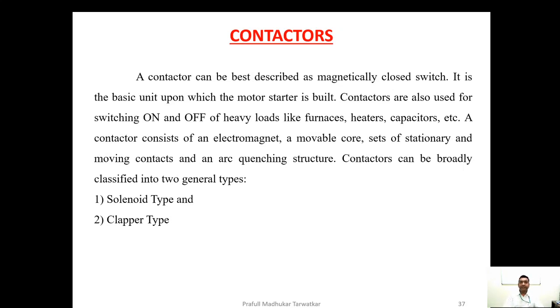In this particular video lecture, we will be focusing upon the second part of that topic, which is the contactor. Contactors are an essential part of starters also. Unless and until we have a contactor, a complete starter cannot be manufactured.